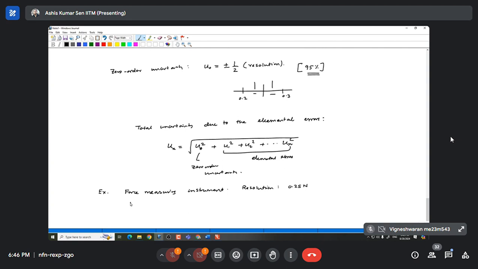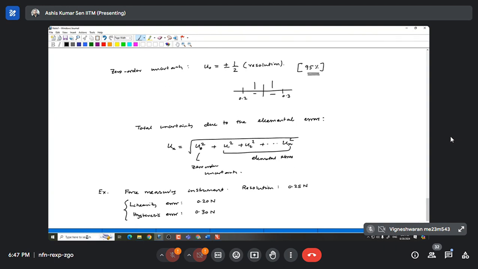You have linearity error is 0.20 Newton over the range of operation. And hysteresis error is 0.30 Newton. Let's say only 2 errors are specified.